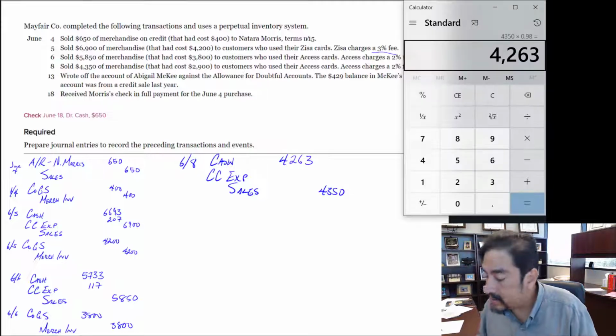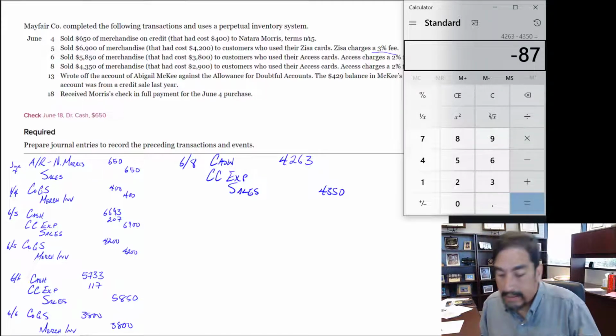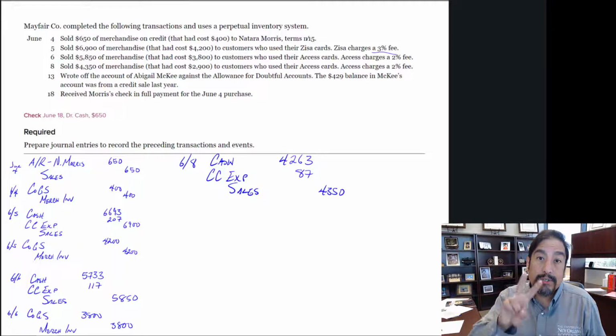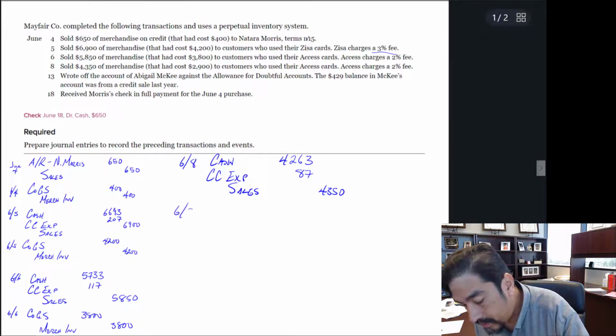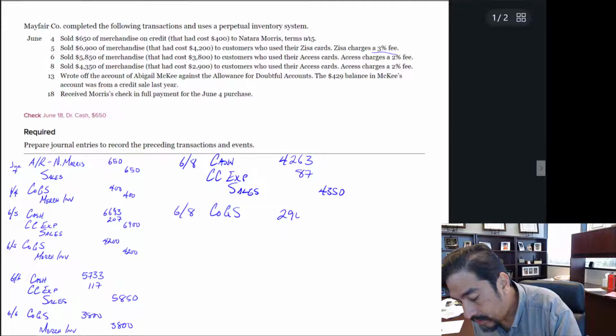And the difference is our credit card fee. That's the first of two. The second one is cost of goods sold for $2,900 and merchandise inventory for $2,900.